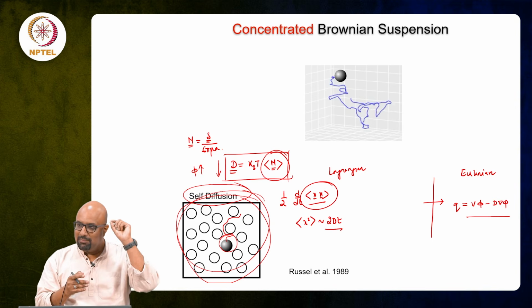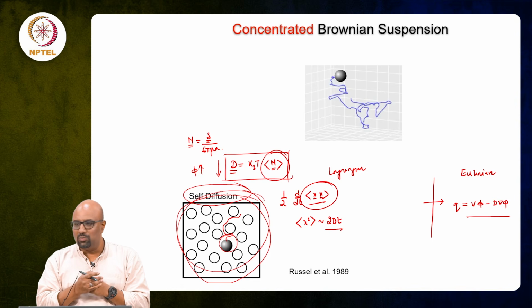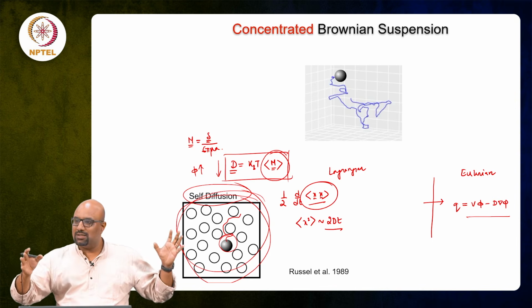That is a motion of a tagged object, and if the person was moving purely due to thermal fluctuations, then they are going to do their wiggly motion, they will jiggle their way through in this crowd where all their neighbors are also present.